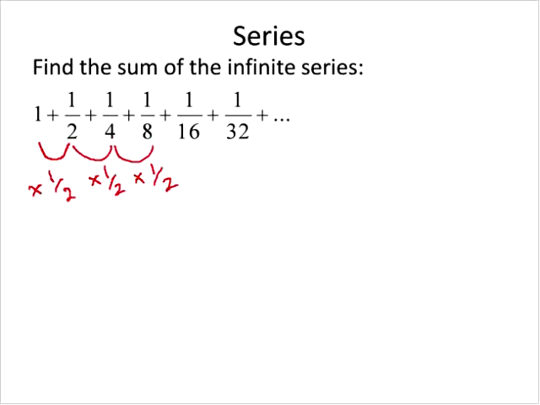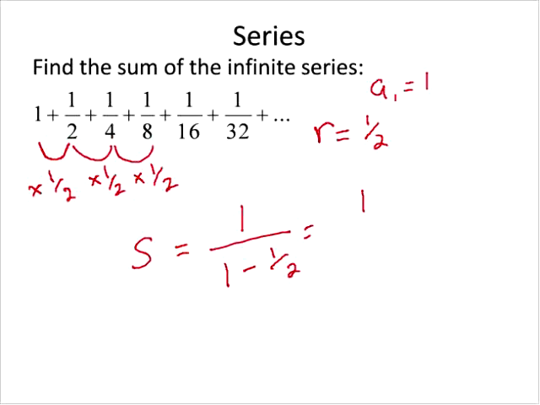So it looks to me like all I need to do is tell you the common ratio. Common ratio is 1/2. Tell you the first term. The first term, a sub 1, is a 1. So the sum is going to be the first term, 1, divided by 1 minus the common ratio, which is 1/2.